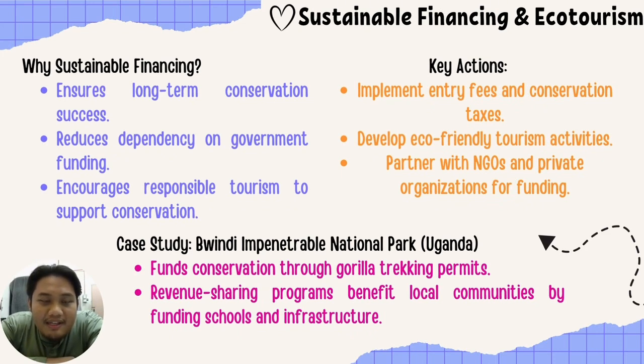Lastly, the last key strategy for protected area management is sustainable financing and ecotourism. Why is sustainable financing important? It is because it ensures long-term conservation success, reduces dependency on government funding, and encourages responsible tourism.